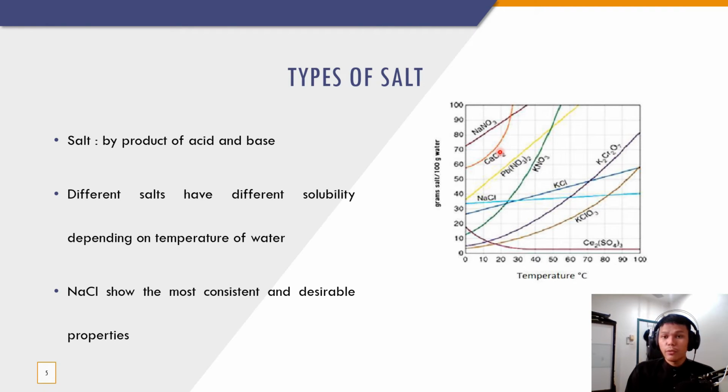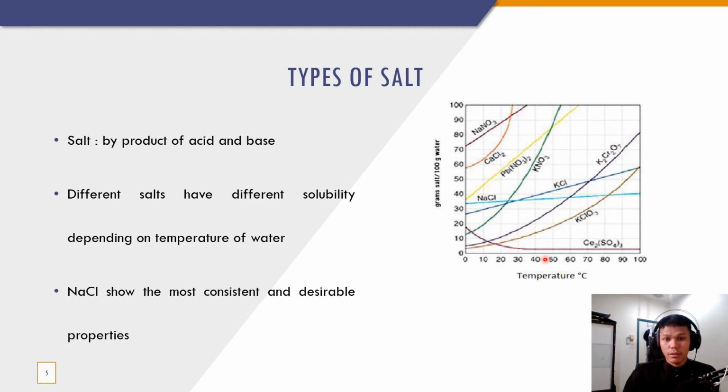For example, if we were to use cerium sulfate, this one right here, the solubility of the salt actually decreases with increase in water temperature. This means that the salinity level of water will decrease when the temperature rises. This will cause the LCZ to lose its density and disrupt the different fluid domains.